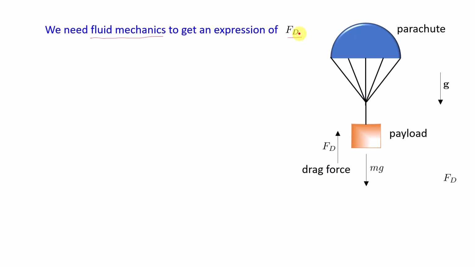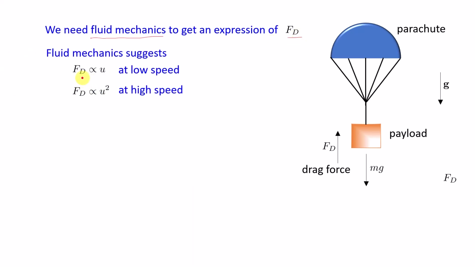Now, I don't want to go very deep in fluid mechanics. It is not necessary for you to know fluid mechanics to do this course. But in a simple way, if we study fluid mechanics, you will see that this drag force is more or less proportional to speed when we go toward lower speed, or in fluid mechanics terminology, lower Reynolds number.